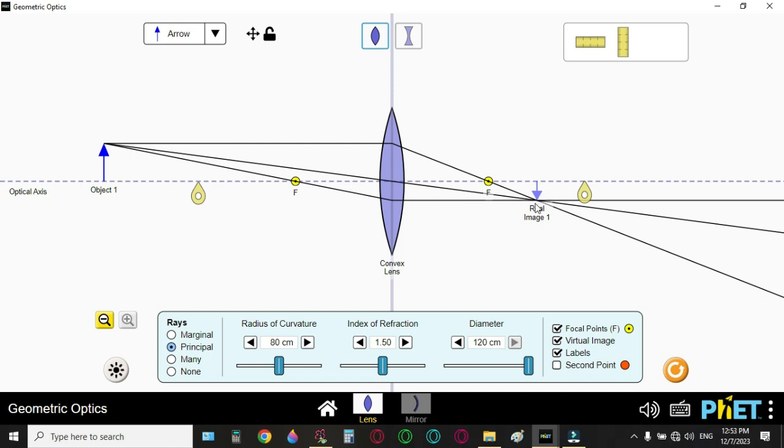Again, it intersects with the first two rays, forming the real image at this point. Specifically, that is between the focal point and the center of curvature on the other side of the lens. So that is the first case for our convex lens, if the object is beyond the center of curvature.